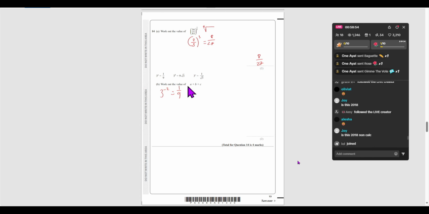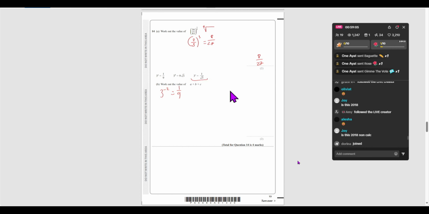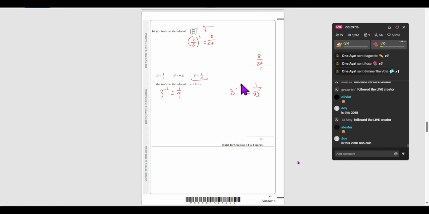Now let's do c first, it looks a bit easier. 3 to the negative 1/2 will give us 1 over root 3, because the negative means we do the reciprocal, and the fractional power means we square root. So minus 1/2 is c.